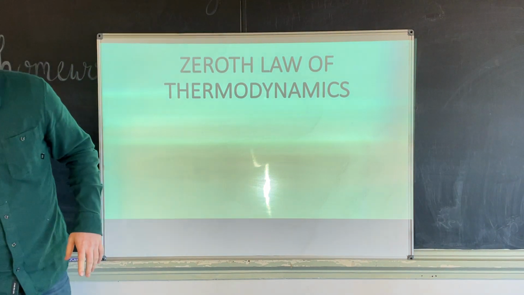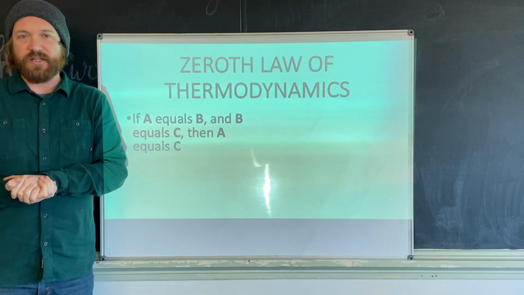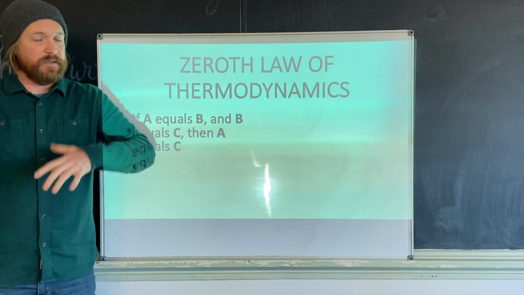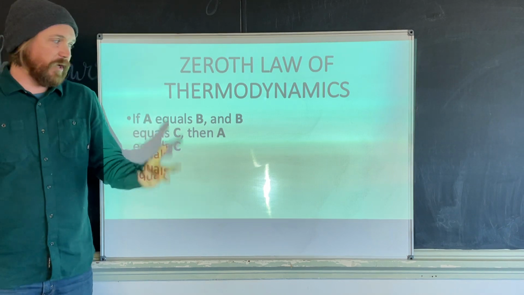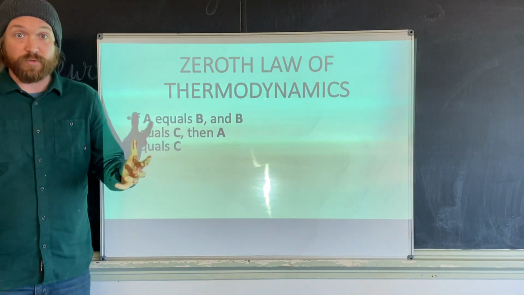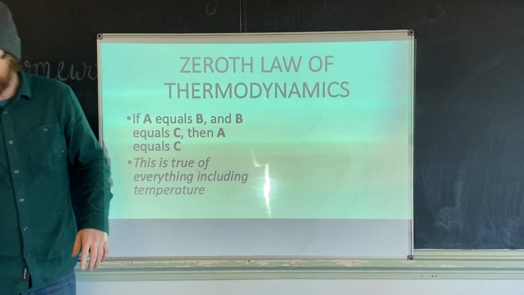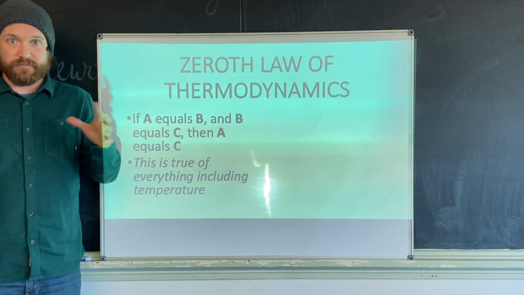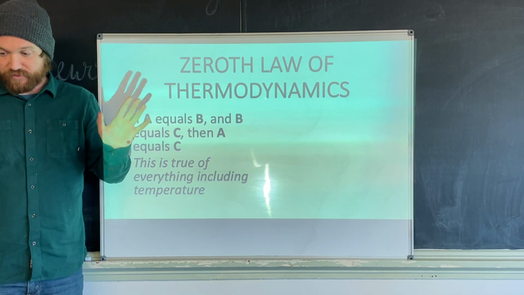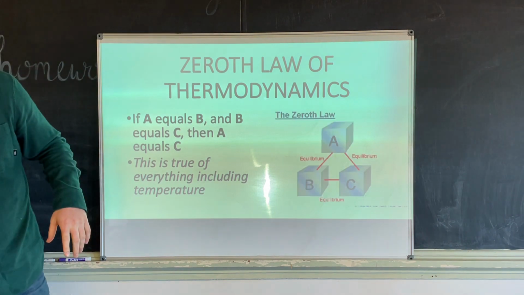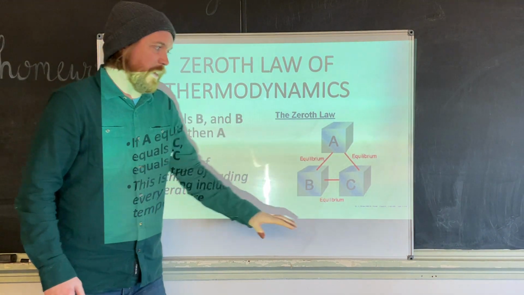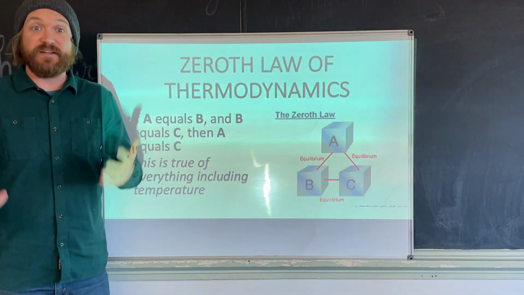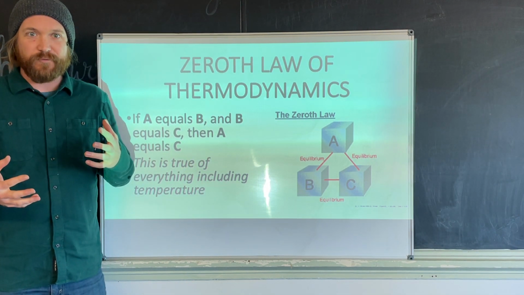Here's the law, and you may remember this from geometry class: if A equals B and B equals C, then A equals C. This is true of everything, not just temperature. What we're describing here is the transitive property of geometry.